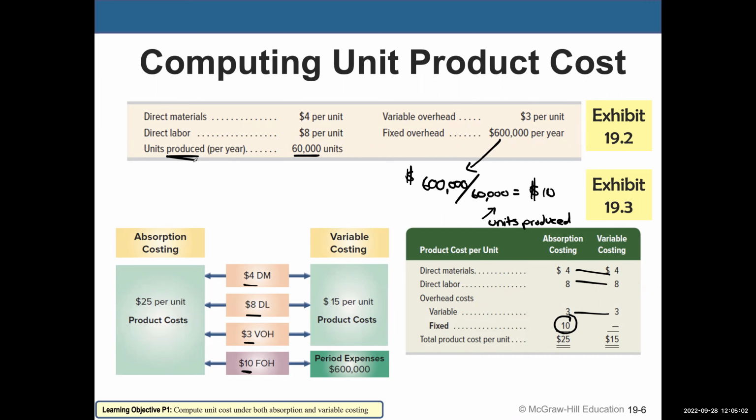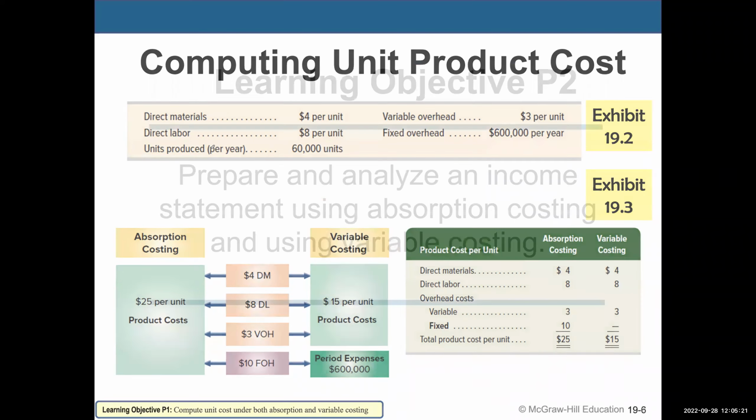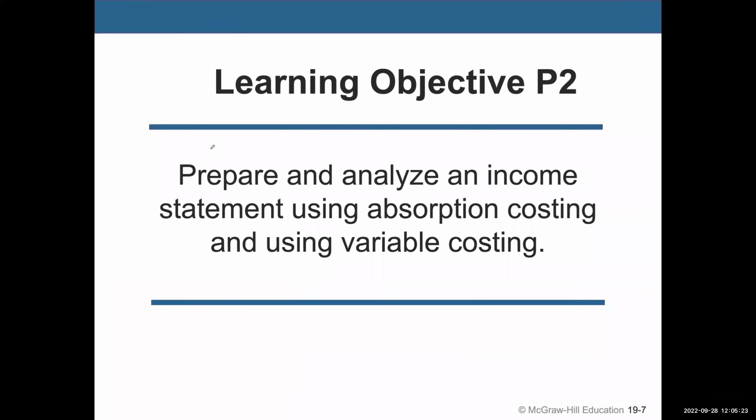When you allocate overhead, it's allocated over everything we produced, not what was sold. Again, right here on this page, we're not told anything about units sold, but I just want you to be aware that you have got to be able to differentiate between, do I divide by produced or sold, because it would make a difference.